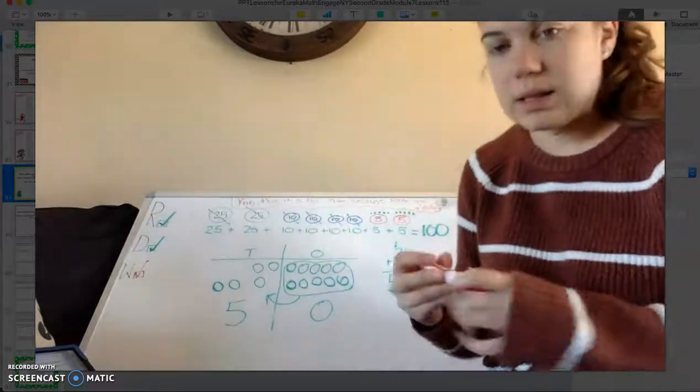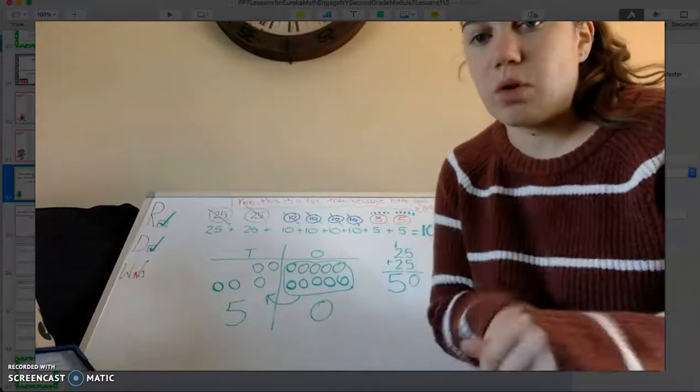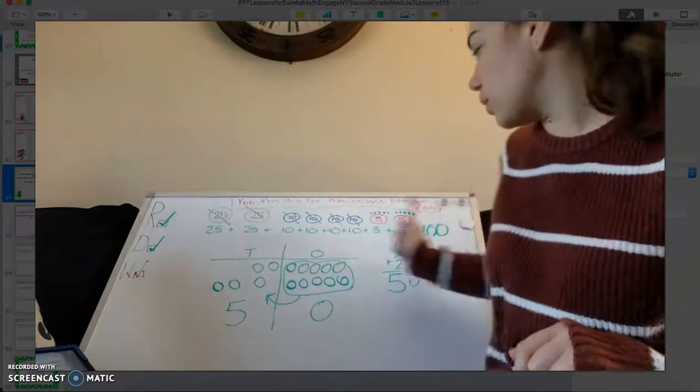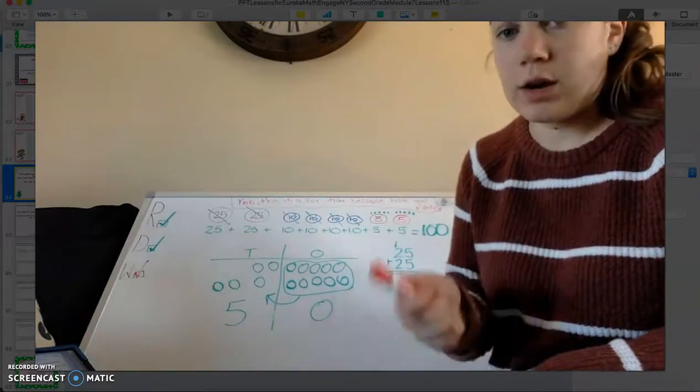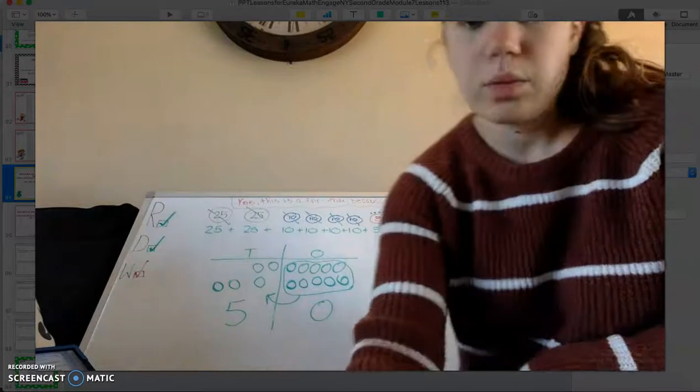So yes, this is a fair trade because they both equal the dollar. The coins equal 100 cents, which is $1, and Kiko's brother is giving her $1. Nice work.